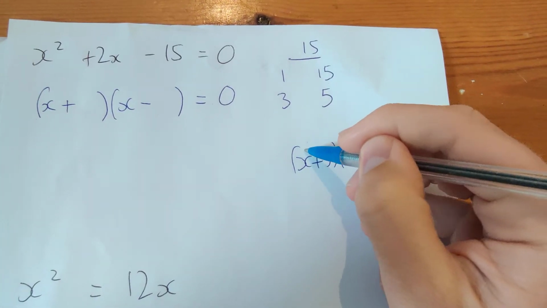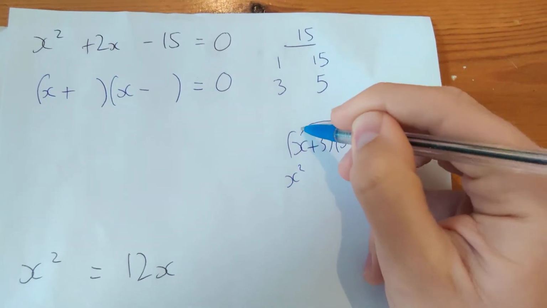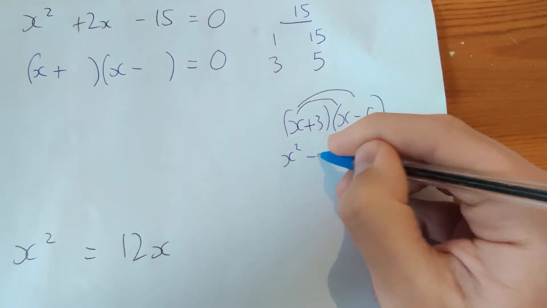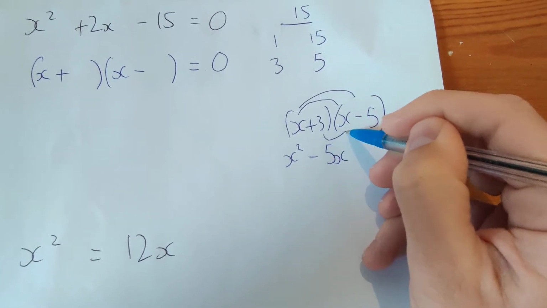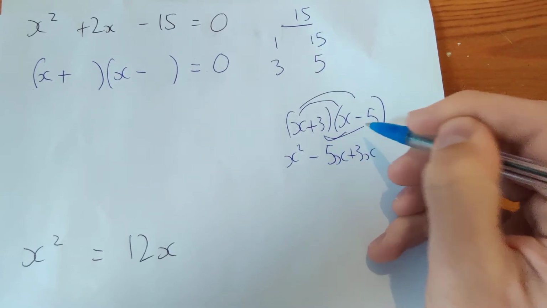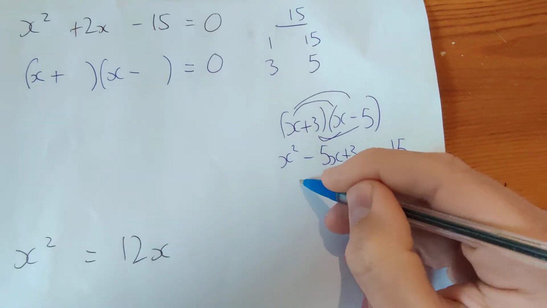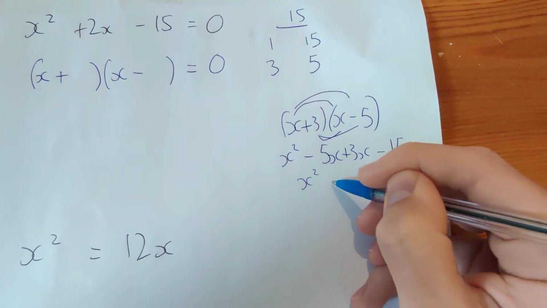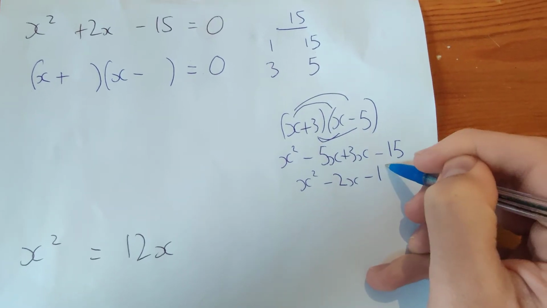So first 2, x times x is x squared. Outside 2, x times minus 5 is minus 5x. Inside 2, 3 times x is plus 3x. And last 2, 3 times minus 5 is minus 15. And that gives me x squared minus 2x minus 15.